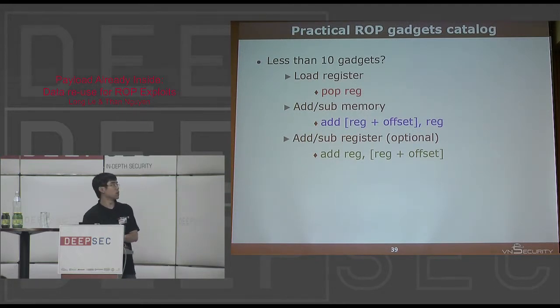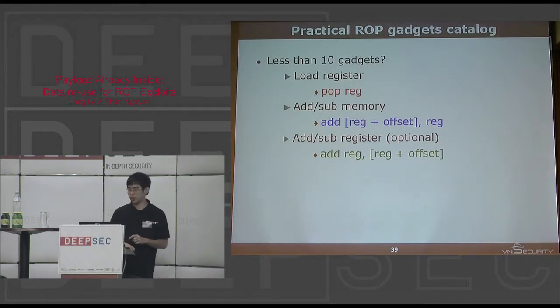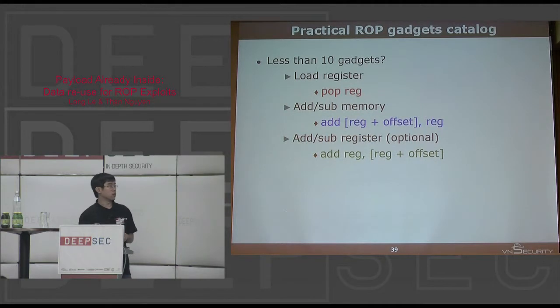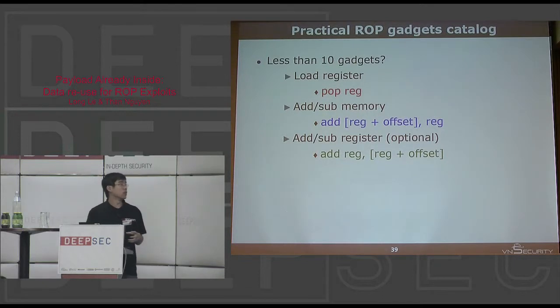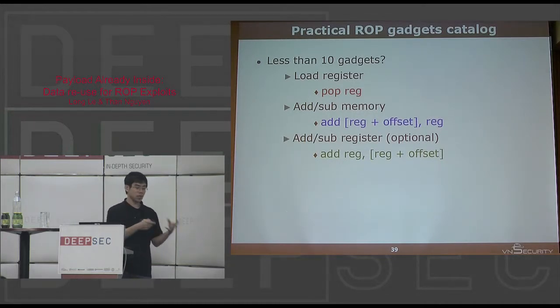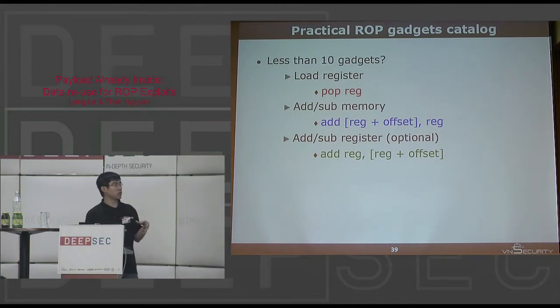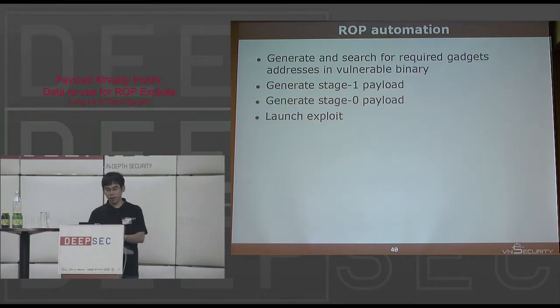So basically we only need a few ROP gadgets, because you cannot really expect to have a lot of different things where you can do arbitrary computation in the real world, since it is very dependent on the specific target. So the way we're doing it, we're trying to minimize the number of ROP gadgets, just enough to do the stage 0.